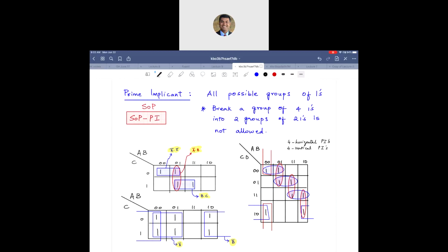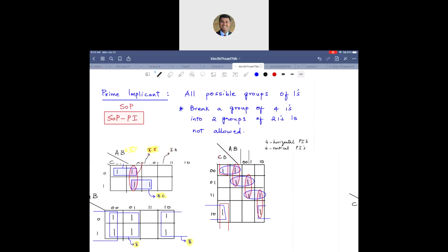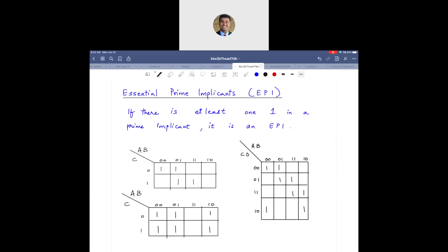Now we are going to have a classification of prime implicants. We are going to call this next one essential prime implicants. The definition of an essential prime implicant is that if there is at least one 1 that is covered by only that prime implicant, it is an essential prime implicant.